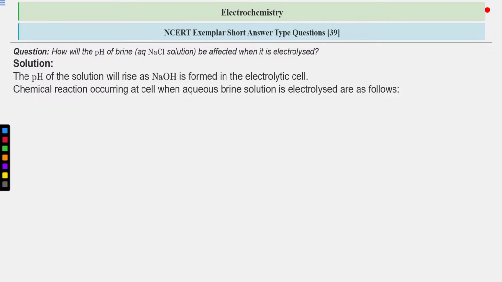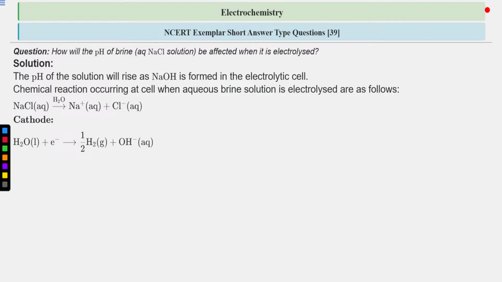Chemical reactions which are occurring at the cell when the aqueous brine solution is electrolyzed are as follows. During electrolysis, sodium chloride in the water dissociates into Na+ and Cl- ions. At the cathode, the reaction happening is the reduction of the water molecule.